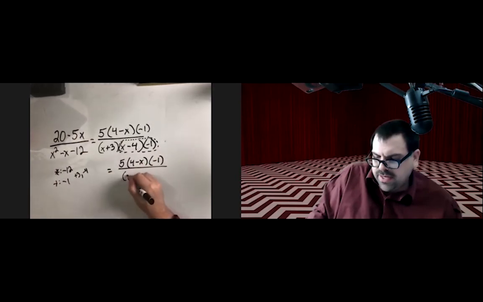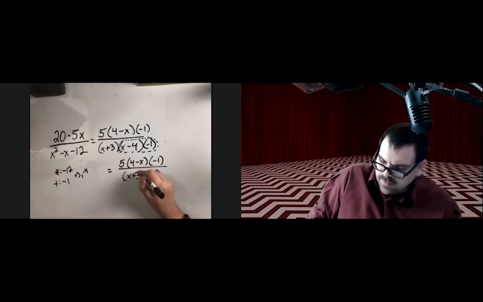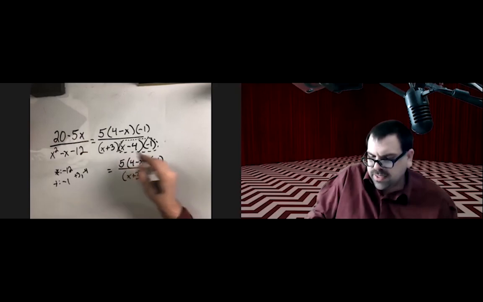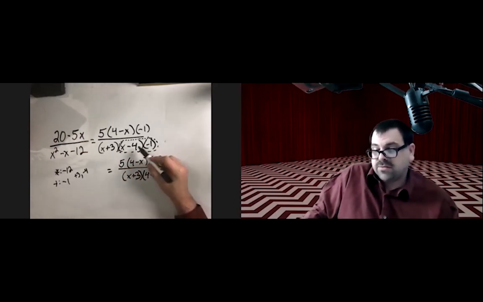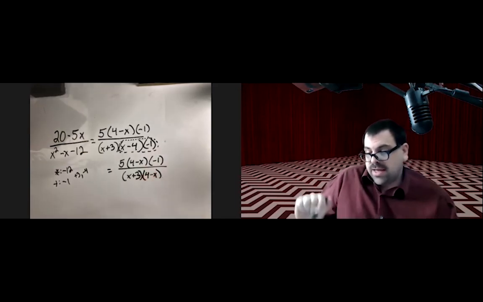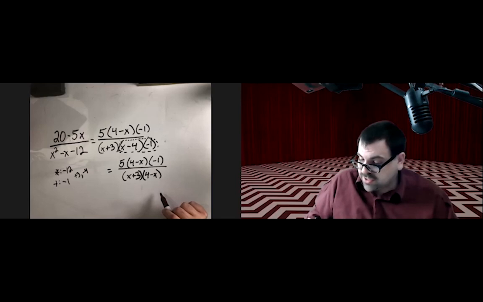On the bottom, it'll be an x plus 3 times a 4 minus x. Multiplying a factor by negative 1 ends up switching the numbers around the subtraction sign.